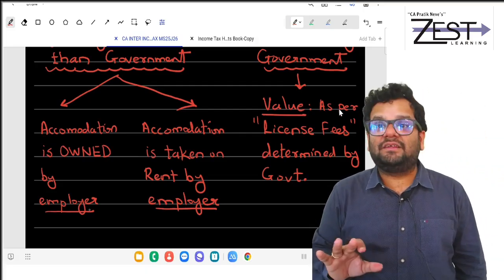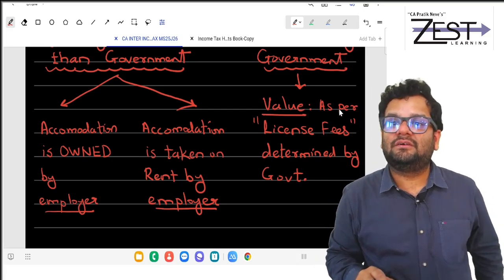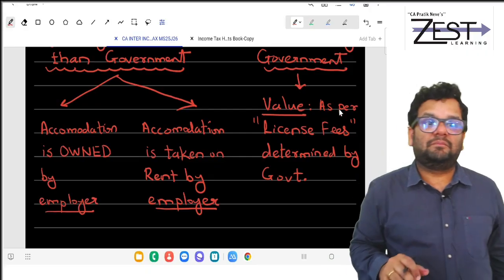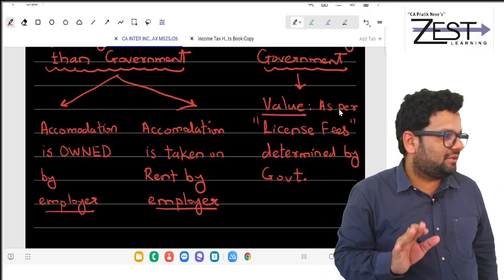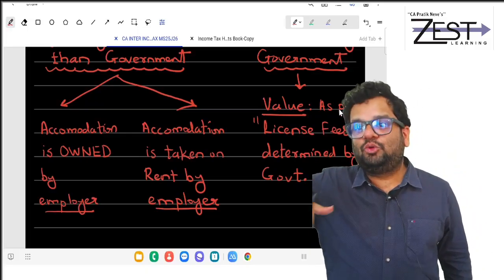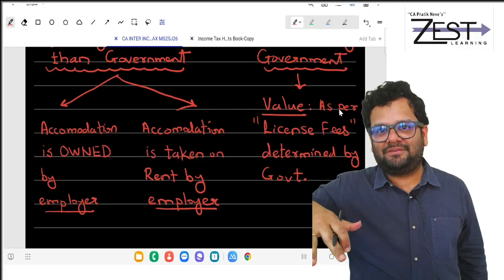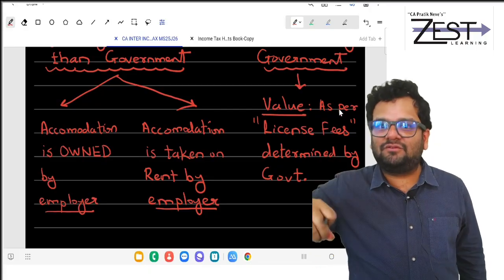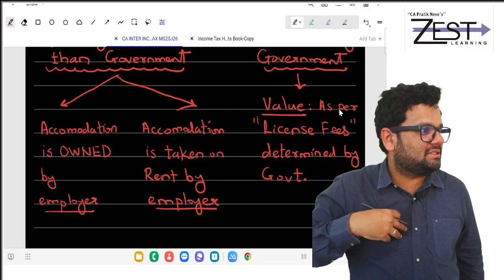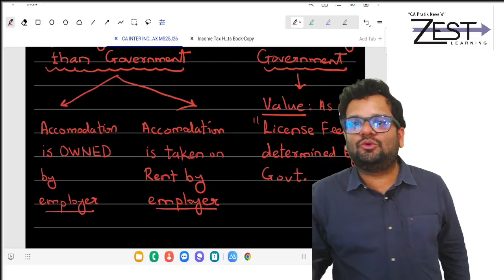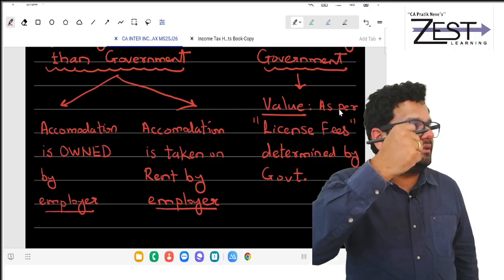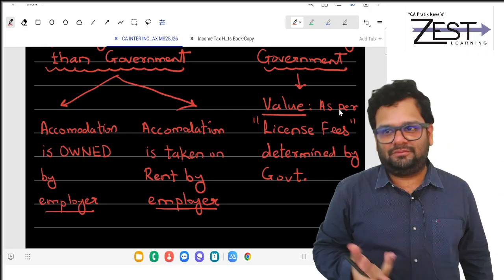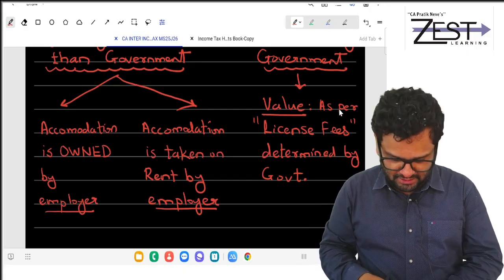Understood? Finally, who is getting the benefit? The employee is getting the benefit. But to give this benefit, there are two ways. I have myself owned the accommodation as an employer and give it to you, or I don't have accommodation, but I am taking it on rent and giving it to you. I have seen many people doing that.